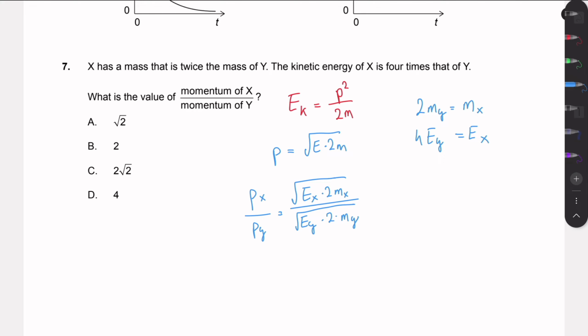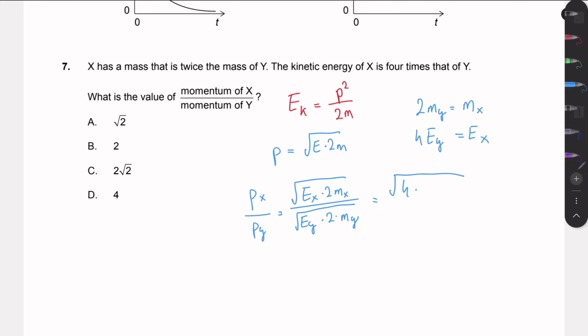So we can replace all of the X components with the Y components. So we can just plug in 4 for the energy, and then 2 for the mass. Here we don't need to write the 2 technically, and the EY and the MY are both present on the top and on the bottom, so we could just cancel them out.